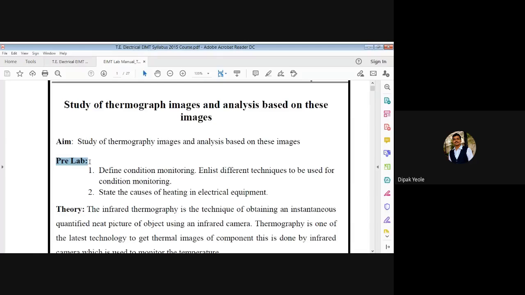So just now I have discussed the 4 different techniques, or you can say standard procedures, available for condition monitoring. And how are we going to define condition monitoring? In simple words, one can say the regular checkup of the electrical equipment is called condition monitoring.